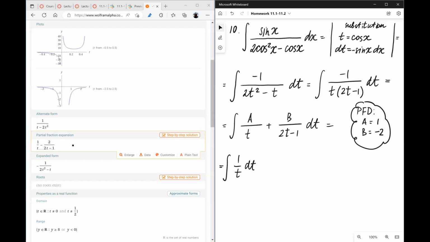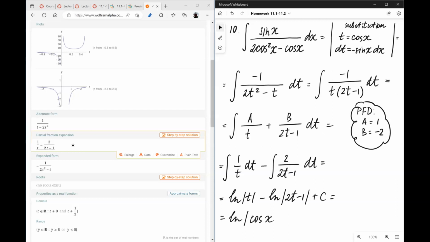I can break this up right away. So we have minus 2 over 2t minus 1 dt. And these are very simple integrals, which we all should be able to do by hand. So we have ln of t, minus ln of 2t minus 1, plus C. But instead of t, I'm going to write cosine of x. Plus C.